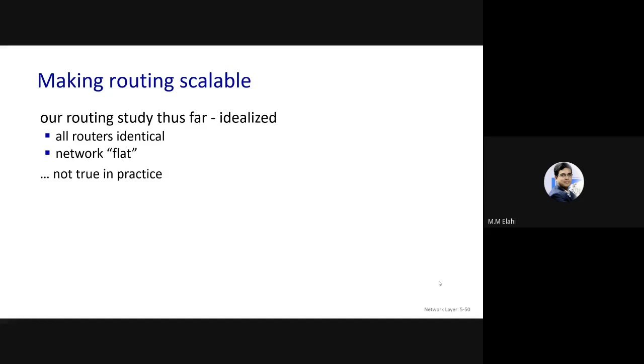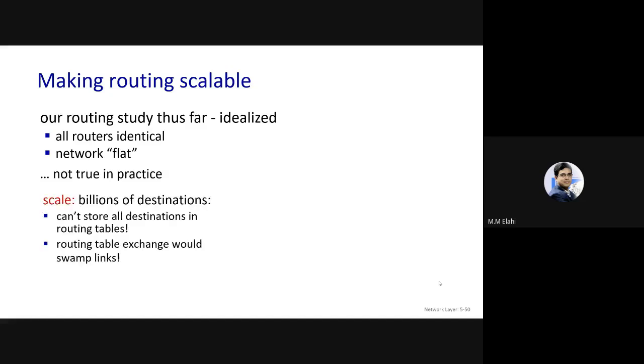So in case of the internet, what is the actual concept? There are billions of possible destinations, and it is not possible for each router to contain that many entries in its routing table, billions of entries in the same routing table.